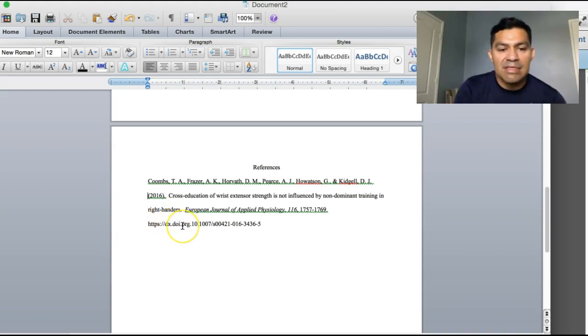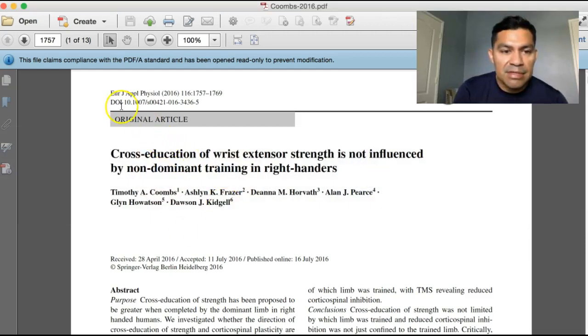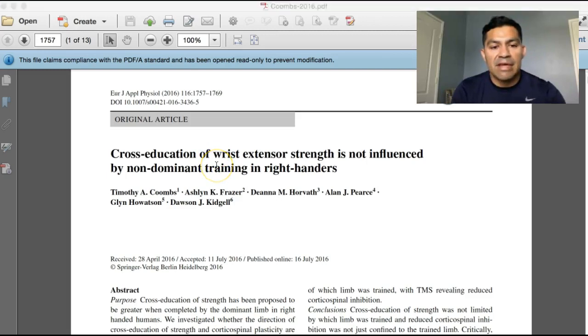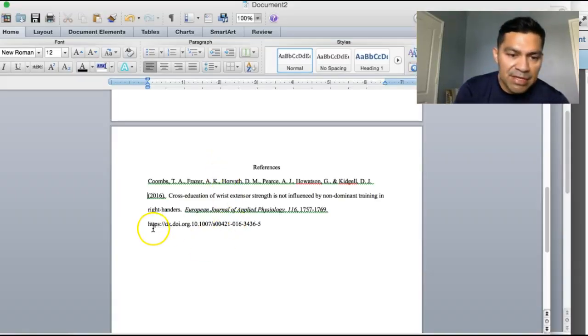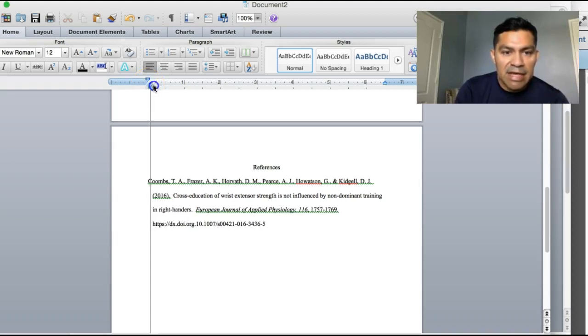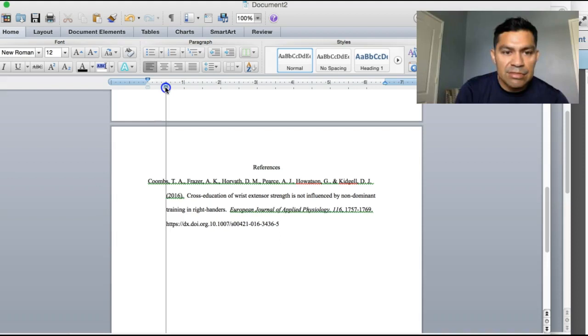If you ever have to do that, it will typically be right here where it says DOI, and there's a specific way to enter it, which I won't get into. And from there, if you look up here at this little ruler, you have to move the hanging indent to 1/2 an inch, which means only the first line will be normal, and everything under it will be tabbed over.